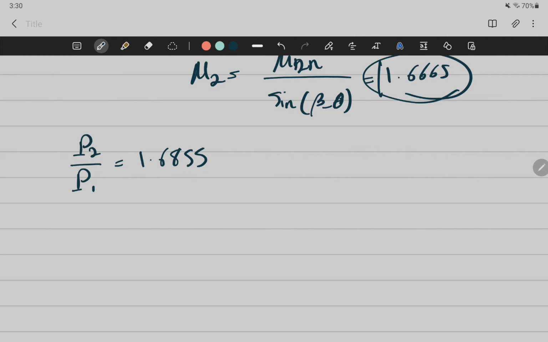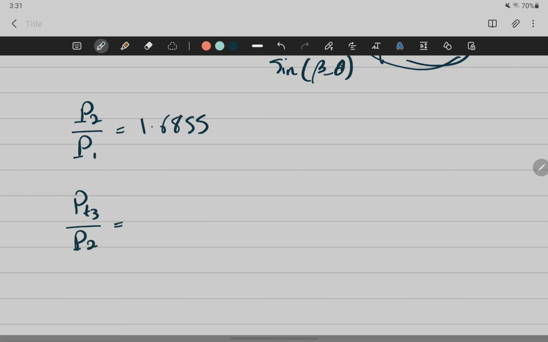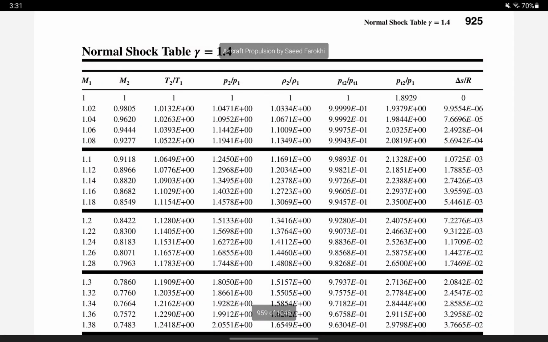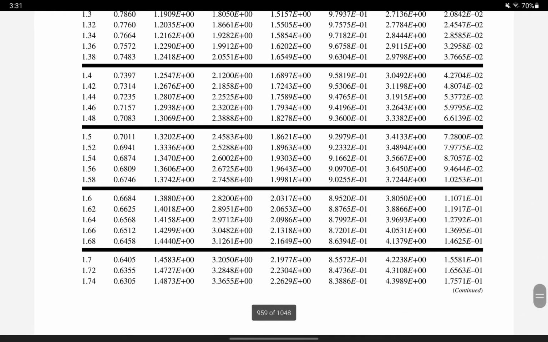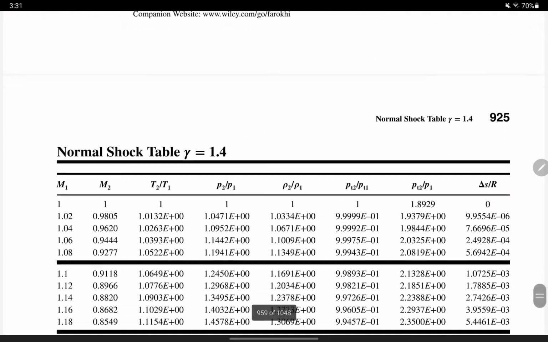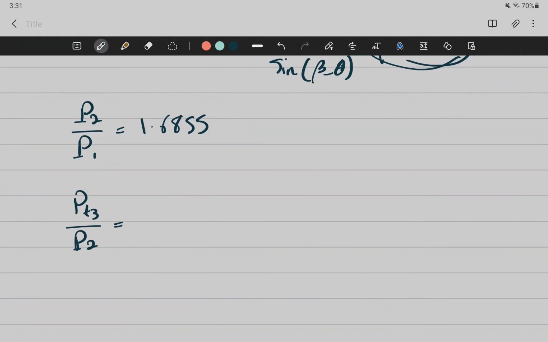Then for the bow shock, we are going to read the PT3 divided by P2, which from what we have here, for 1.66, is going to be 4.05.